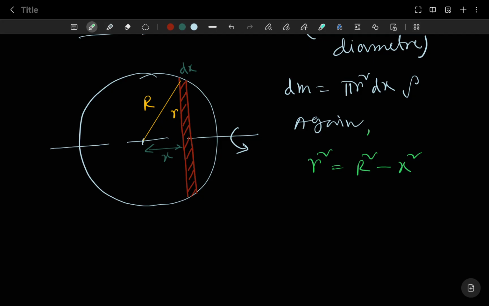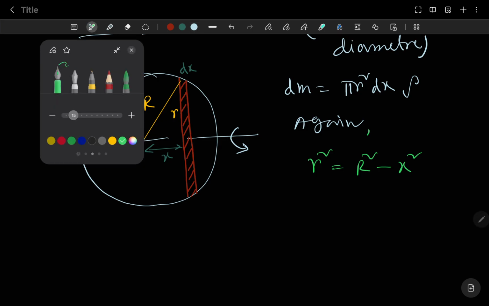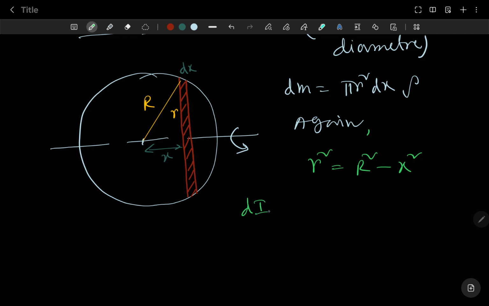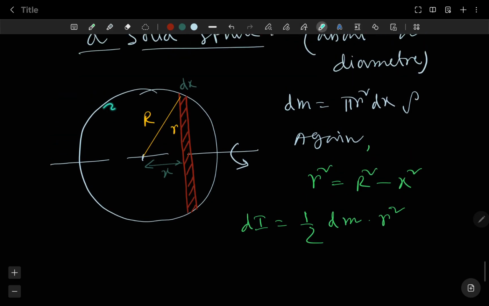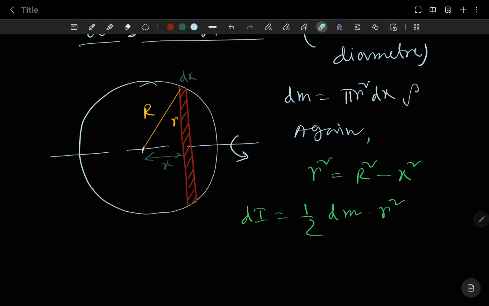It is clearly half m r square, right? So dI is half dm small r square. The entire sphere can be considered as a collection of such discs, isn't it? So if I add them all, integrate them all, I'll get the total moment of inertia of the whole sphere.